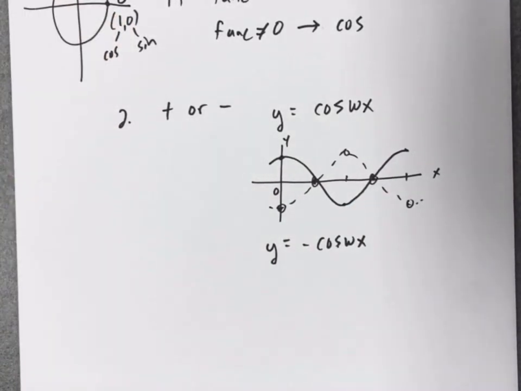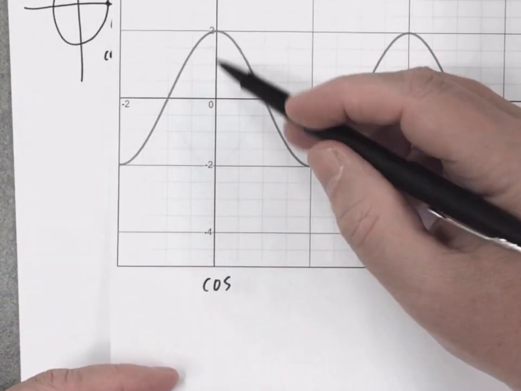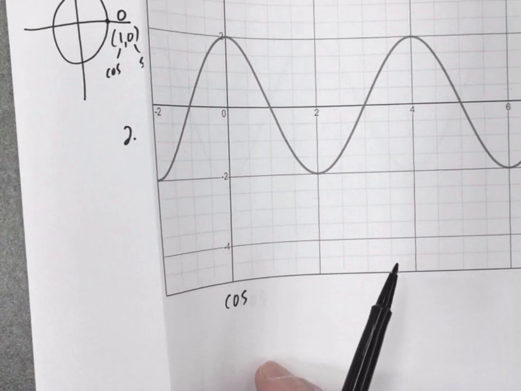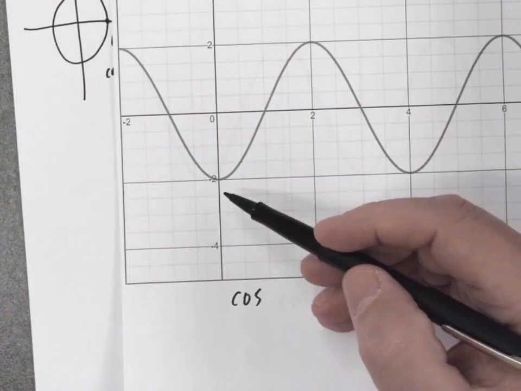So I can actually grab my pile of cosine waves, and right now I can quickly determine that. Here at angle 0, it's high, so this is a positive cosine. Don't need to add anything. Here, look at it, it starts low.